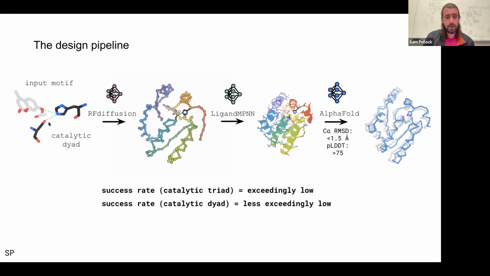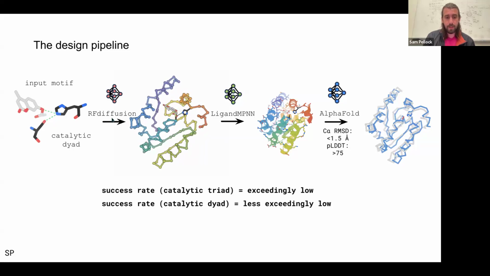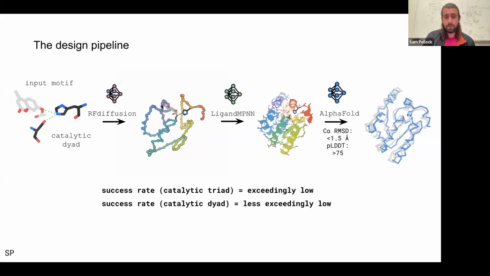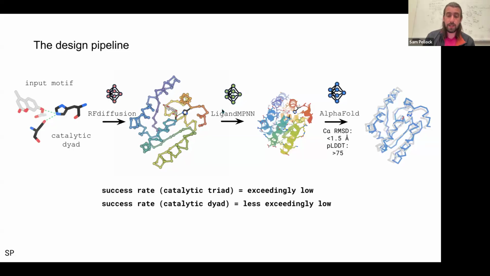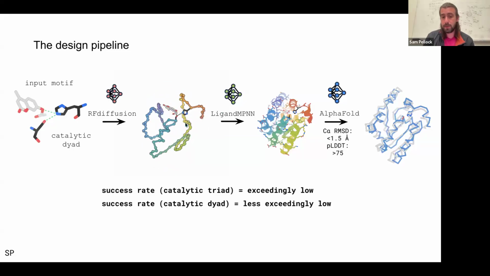So we started with just the serine histidine dyad and then a single oxyanion hole contact that was coming from the serine nucleophile. We plugged this into RF diffusion, and so what you're seeing here is a trajectory of a backbone being generated around this active site motif. Then we use our sequence design tool, ligand MPNN, that assigns a sequence to a generated backbone.